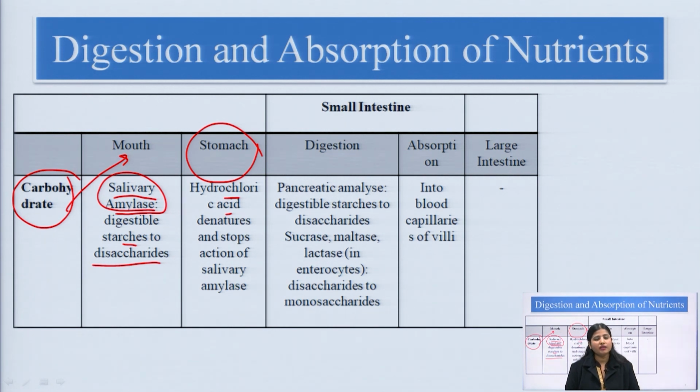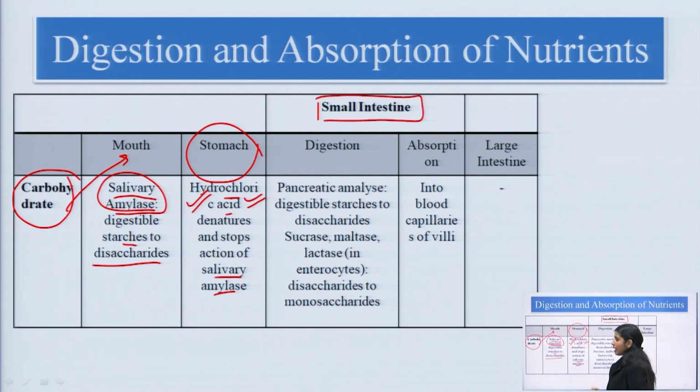The salivary amylase is denatured, destroyed with the help of hydrochloric acid. So, the work of salivary amylase is stopped there just because of the presence of HCl.